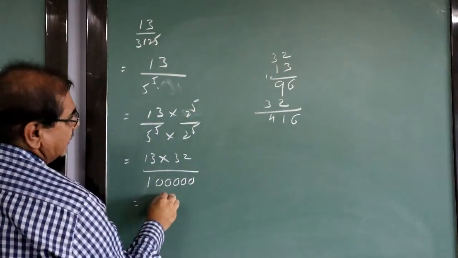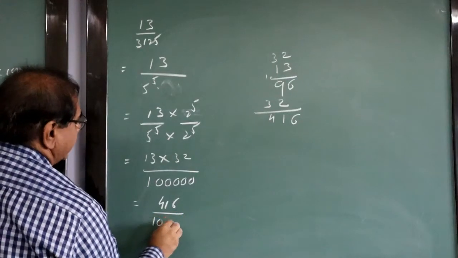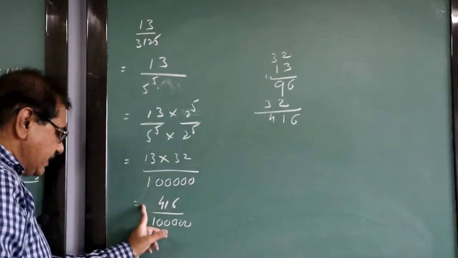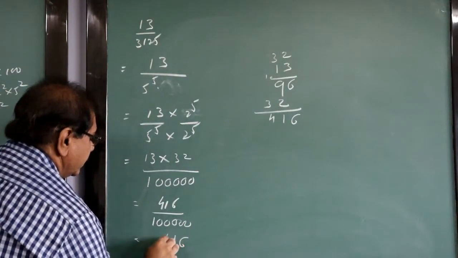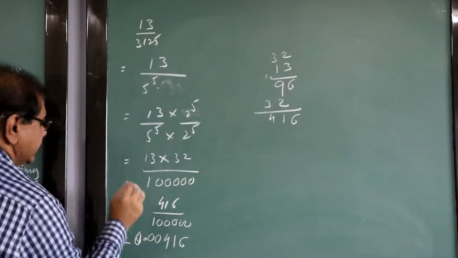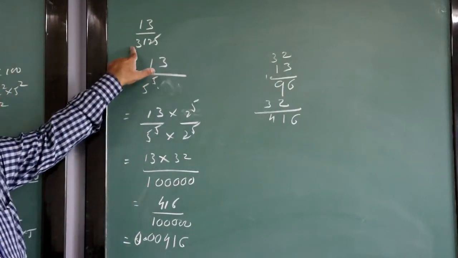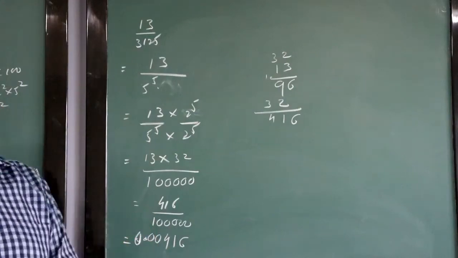So ultimately it is 416 upon 1 lakh. So 5 zeros are there. So after the decimal point I need 5 places: 1, 2, 3, 4, 5, and the point. So this is how you can write the decimal expansion of the given fraction if it has a terminating decimal expansion. Okay?